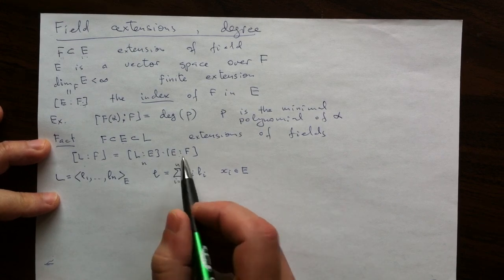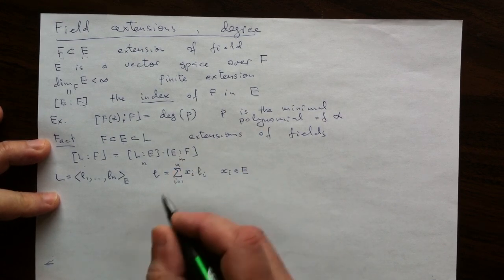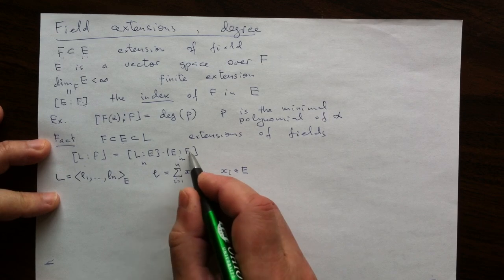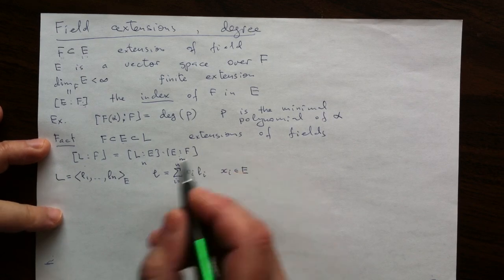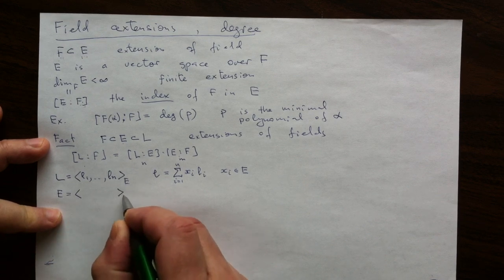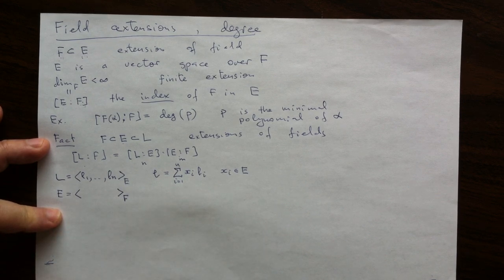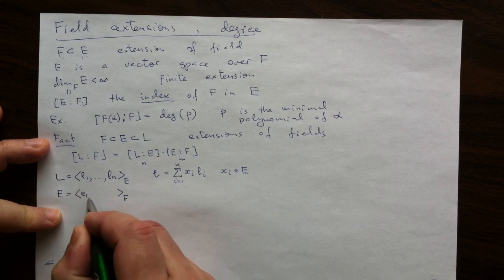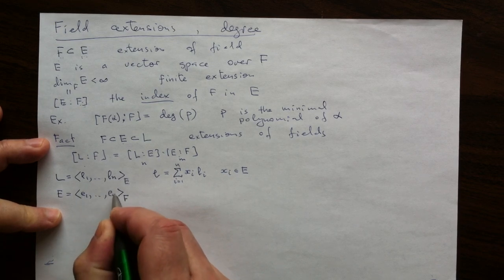Now let's call this number m and write the statement that the dimension of E as a vector space over F is m. So E is generated as a vector space over F by m vectors. Let's call them E1, E2, all the way up to Em.